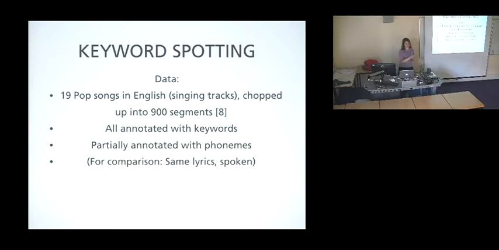We automatically chopped those into 900 segments. And then he annotated all of them with interesting keywords, and more than half of them he also annotated with phonemes. So that's actually the data set that I've run my phoneme recognition experiments on, if you were curious about that, because I have ground truth here.